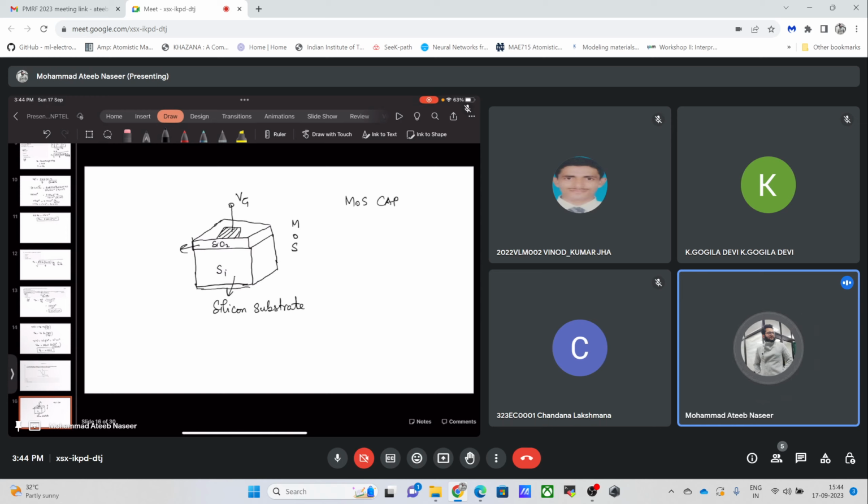Let me draw it like this. It would be this metallic layer below the MOS cap. So this provides the contact to the silicon substrate. This is grounded, and this is normally grounded.